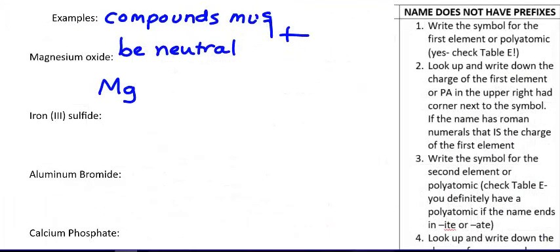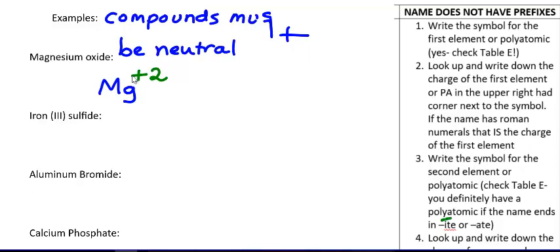So therefore, we go to magnesium and we write down +2. Okay? We write the symbol for the second element or polyatomic. Oxide is just an element, oxygen.